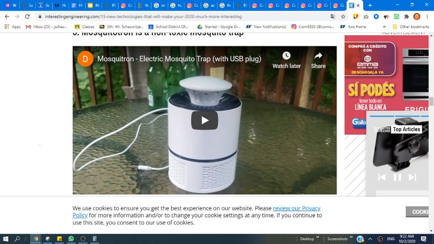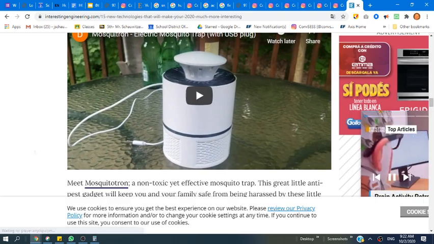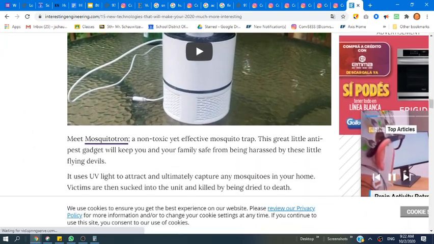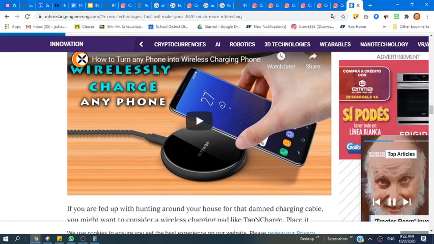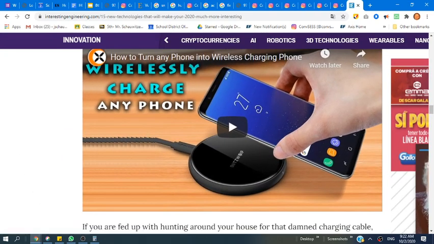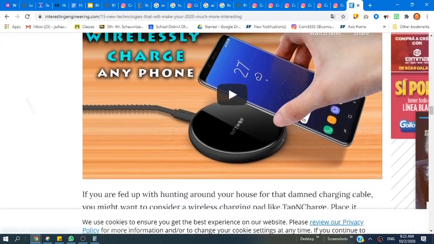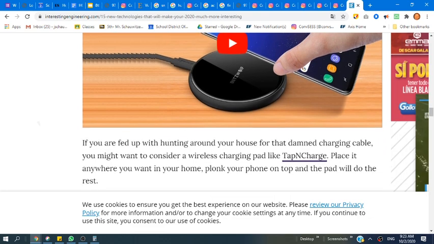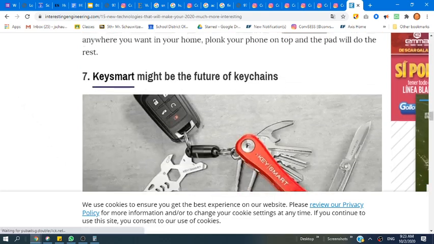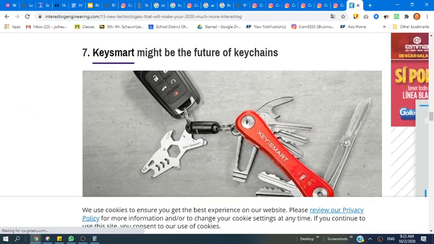Look at that. It traps the mosquitoes, plugs into a USB, and it will get rid of the mosquitoes inside of your house. Looks like it's pretty safe, too. You can now charge your cell phone wirelessly. I think it connects to this almost like a magnetic charger, and you don't have to plug it into the wall, right?